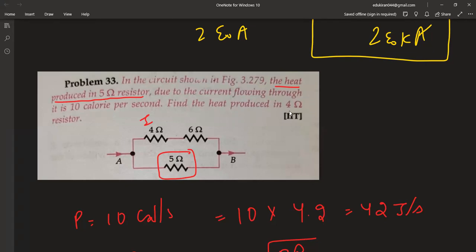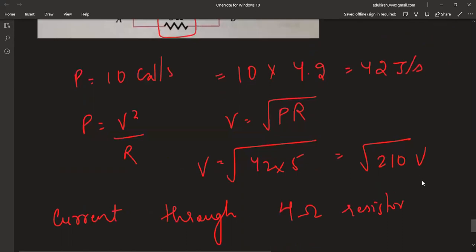See, when it is giving 10 calorie per second, this is the power due to the current flowing. It is 10 calorie per second. This is saying the heat produced is in the 5 ohm resistor. So between point A and this point B lies this 5 ohm resistor. So we have calculated the potential through this.